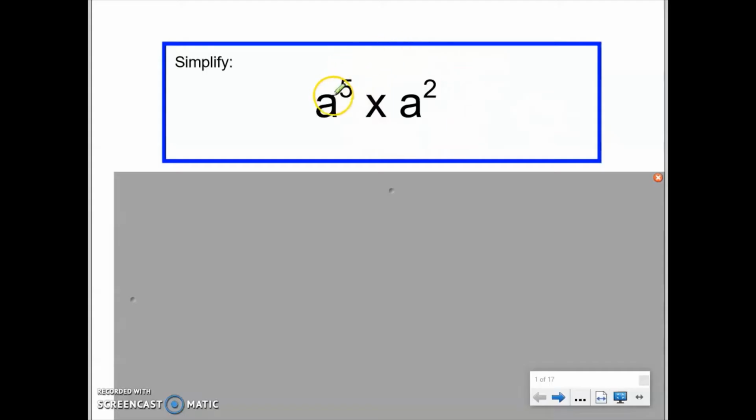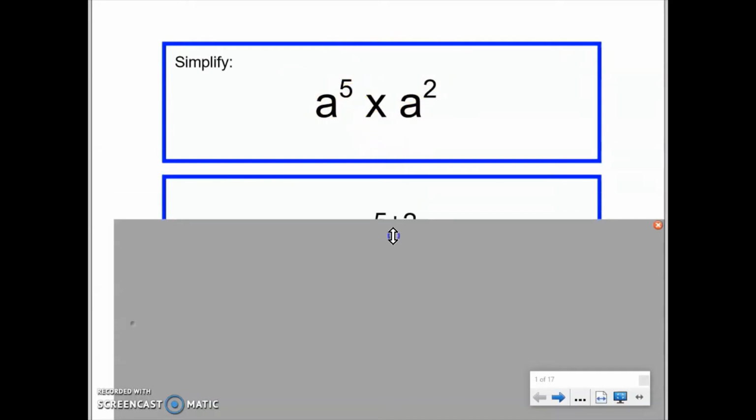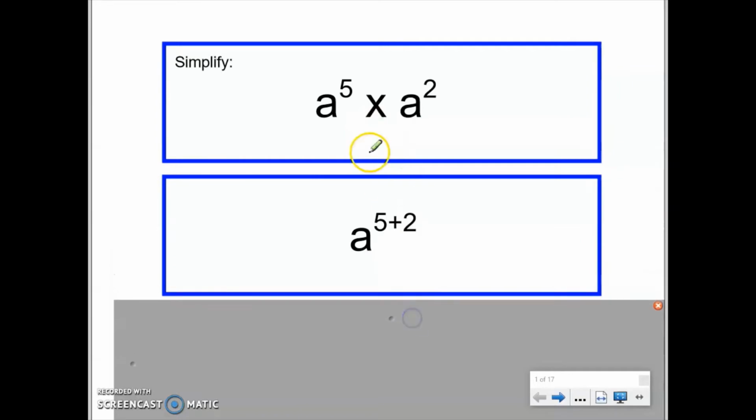Okay, the first question on the screen asks us to multiply a to the power of 5 by a to the power of 2. So this is the first law of indices, and what the first law of indices tells us is when we are multiplying indices and they have the same base letter or base number.